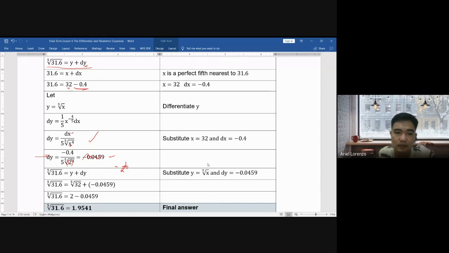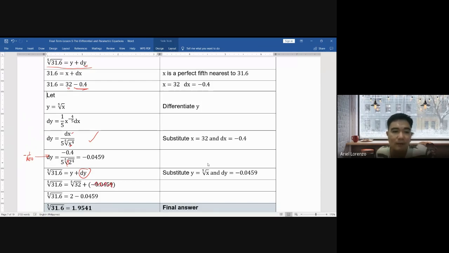Ba't siya nag-move? Oh, sumasayaw siya, kasi naka-box siya. Ito na lang. Should be negative 1 all over 200. Okay? Ito class, so meron ka ng dy, negative 1 all over 200. So this is wrong. Okay?